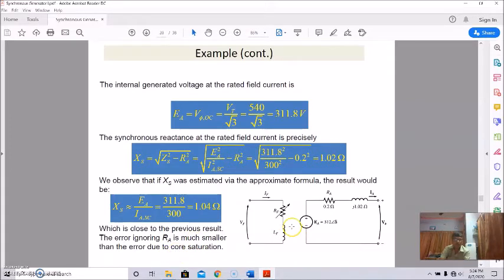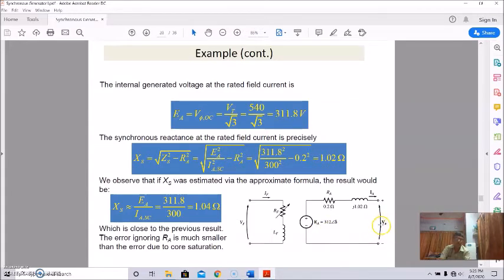So this is the equivalent circuit. This is the 0.2 ohm armature resistance, and this is the reactance, equal to 1.02 ohm. And to be precise, this is EA, 311.8 volts, at an angle delta, the load angle or torque angle, which is the angle between EA and VT, and this is the phi.